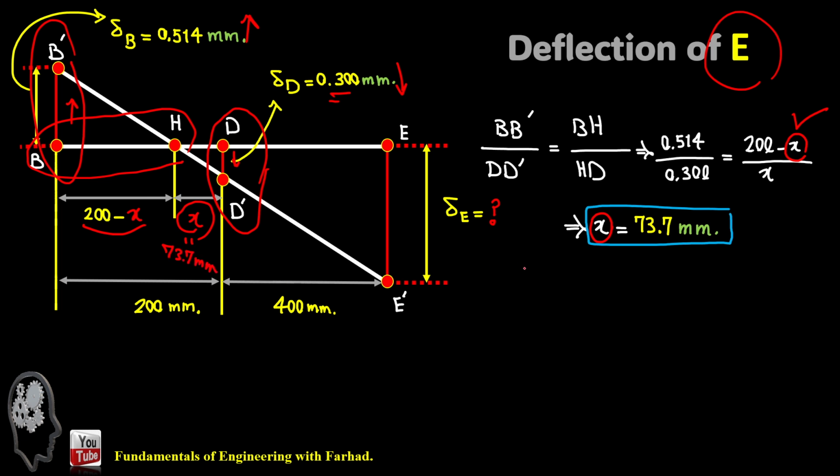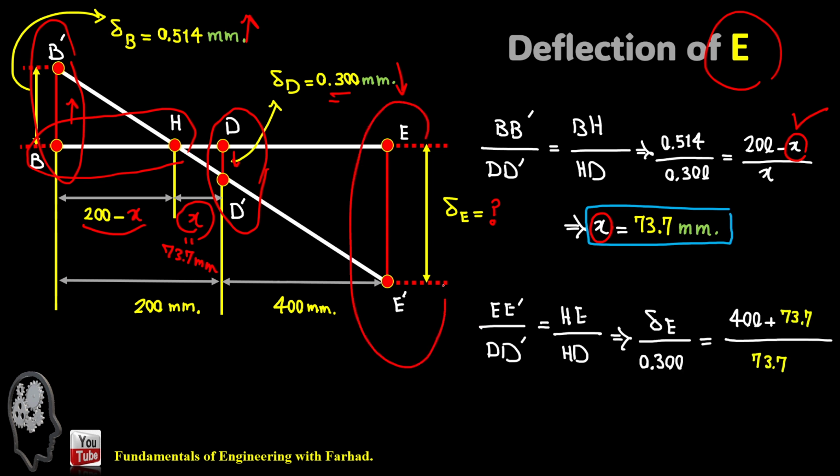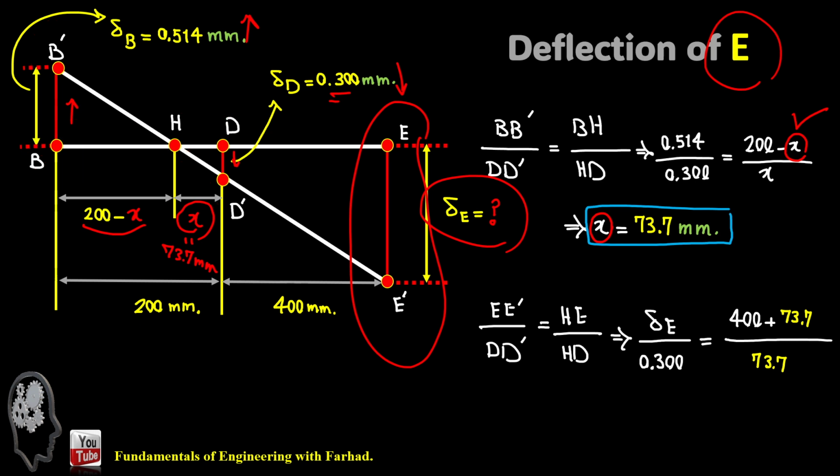As soon as we know that, we can write down again the equation for EE prime, which is delta E, over DD prime, is equal to HE over HD, total length over HD. So we are comparing this big triangle with this small one here.